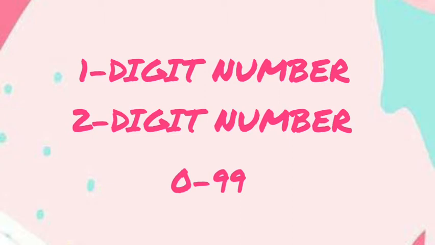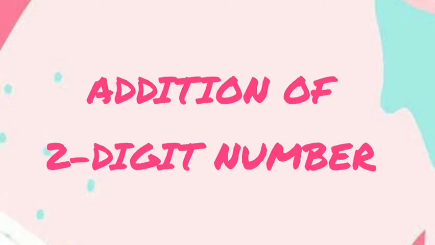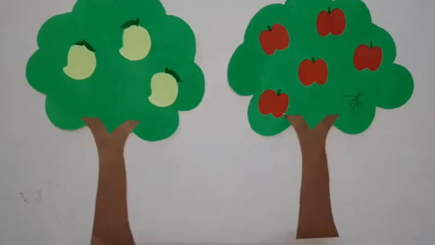So, I hope you all have learned the number names and the place values of two-digit numbers. Before starting the chapter, I would like to ask a few questions to you. Are you all ready for the questions?